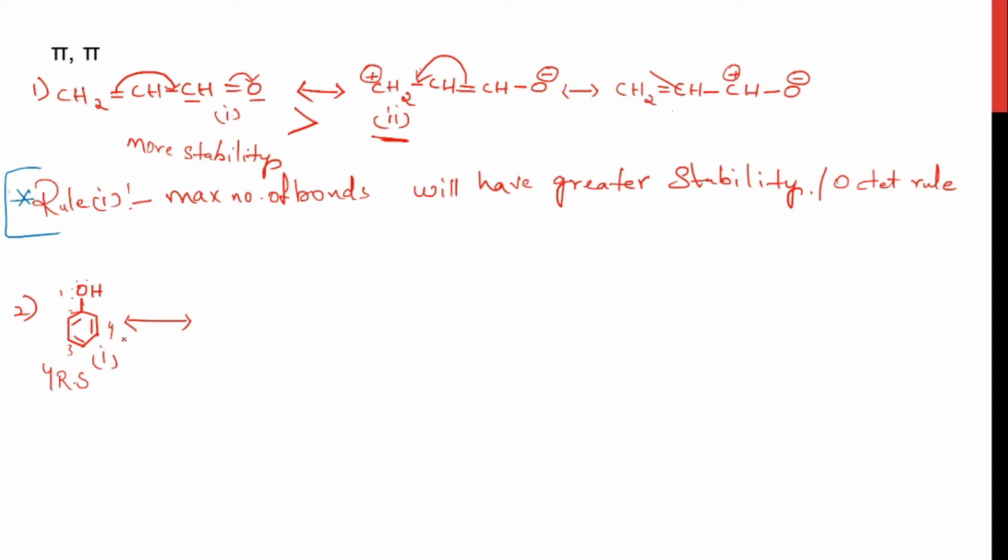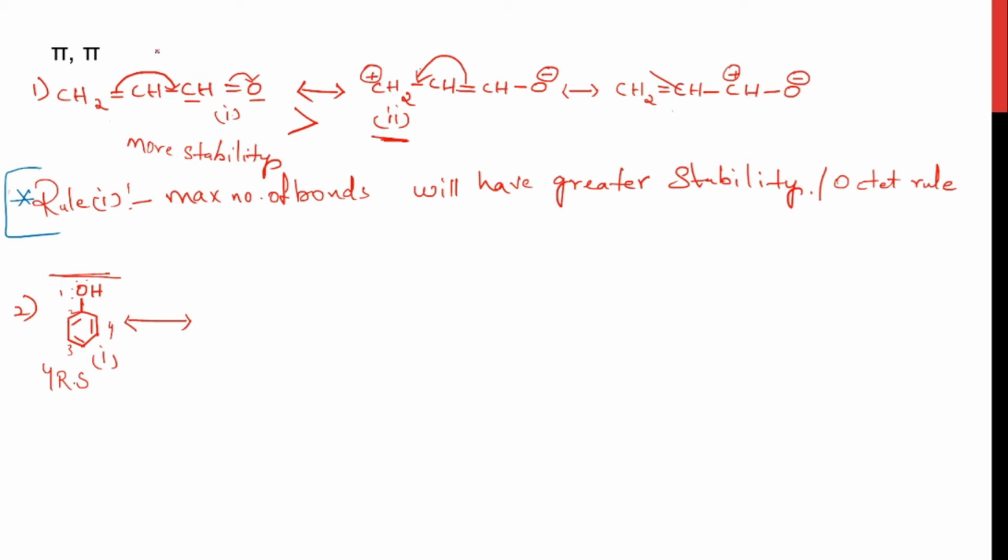the second resonating structure, the flow of electrons, what do you think? Will the oxygen donate the electrons or will it withdraw the electrons? Here the oxygen has withdrawn the electrons, but the nature of oxygen here is something different. You see, the oxygen is bonded to the carbon chain with a single bond.